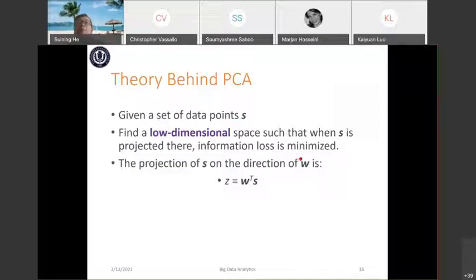So back to our original definition: given the set of data points S, we would like to find a low-dimensional space such that when S is projected there, the information loss is minimized. The intuitive understanding is to see whether the variance, or the spread, of the entire data is still preserved.